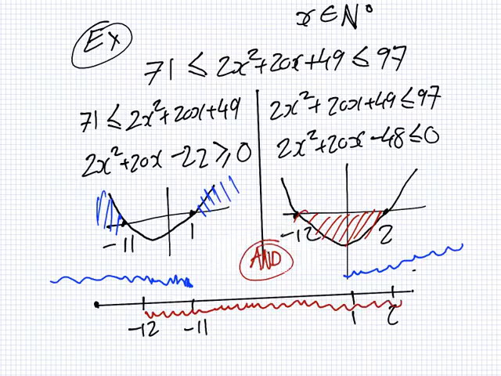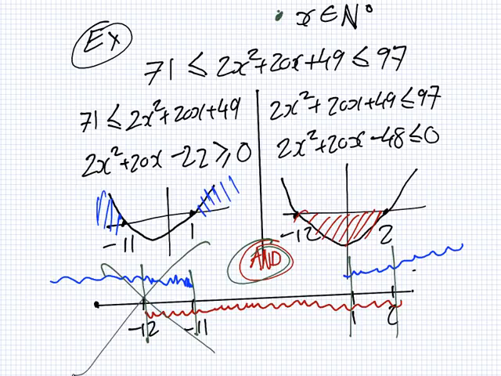Now I want and, so I want both of them to be true. So where does that happen, where both are true? Below minus 11, but bigger than minus 12, and between 1 and 2. However, I also tell you something about the x. What did I tell you at the start? It's a natural number including 0, so I can forget about this.